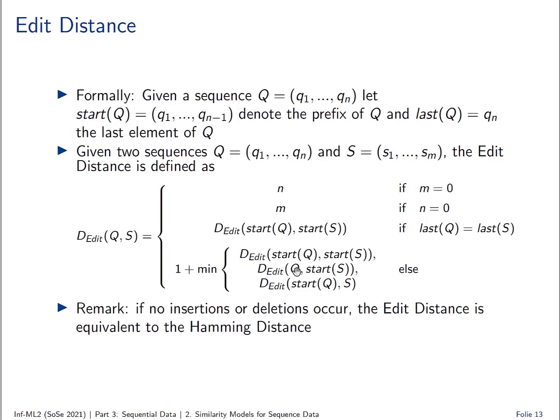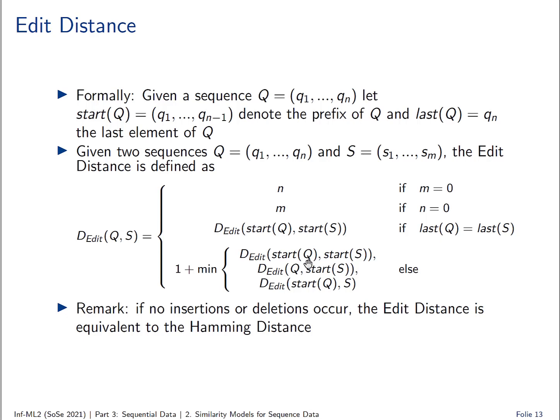In that case, that would be an elimination of the last object of Q. So we have another first edit operation for the last element, and we have to look at how we can match the entire Q onto the prefix of S. And the other way around would be to match the prefix of Q on the entire sequence of S. So in all of those three cases, we take the first operation in order to not match the last Q to the last of S. But we can do that in three different ways: substitution, insertion, or deletion.